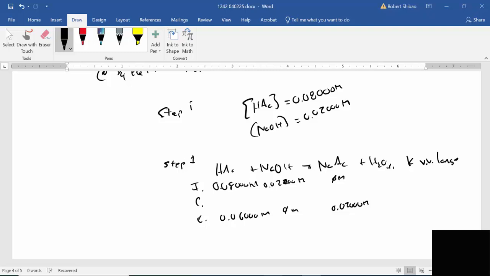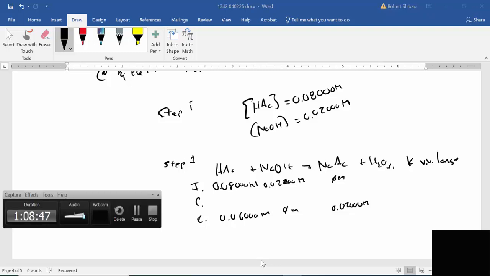So this is what you should have gotten for step 1. Here we start off with 0.08 molar and we neutralize 1/4 of it, which would be 0.02 molar. So we're left over with 3/4 left over. And that 1/4 that we neutralized was converted into product here.